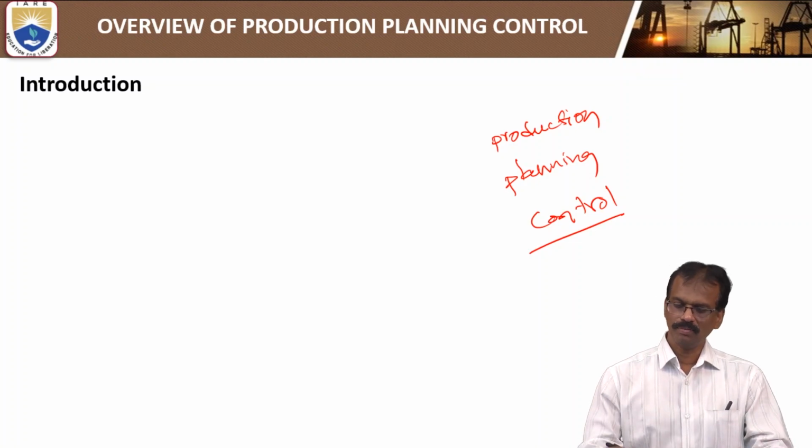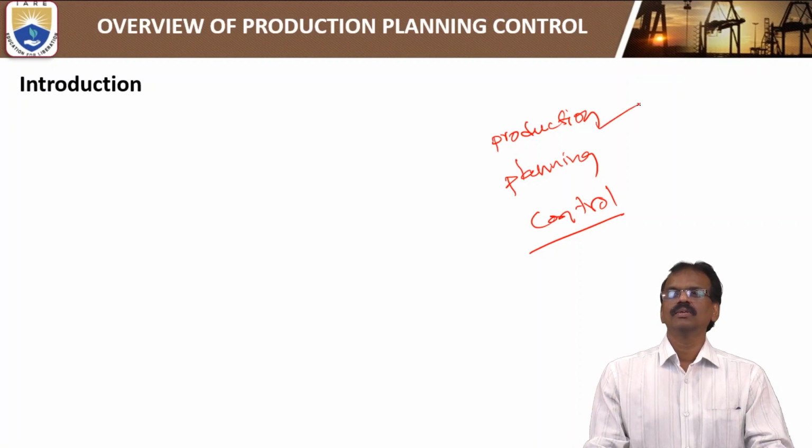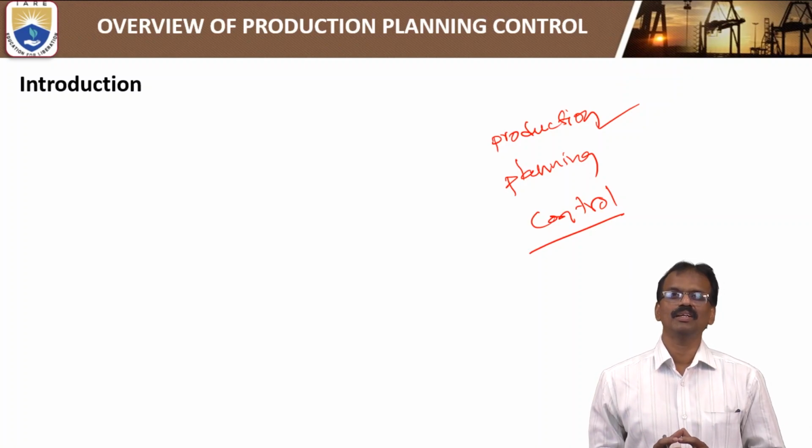So first of all, we'll see what is production. You know that production is a conversion of the raw material into finished goods by performing some conversion methods, which may be chemical or physical or mechanical processes.